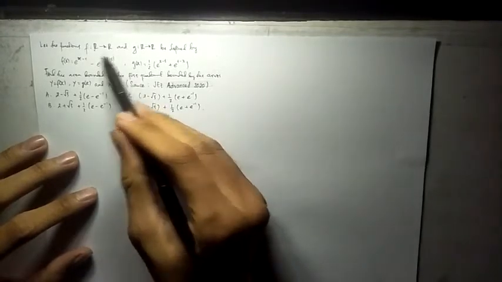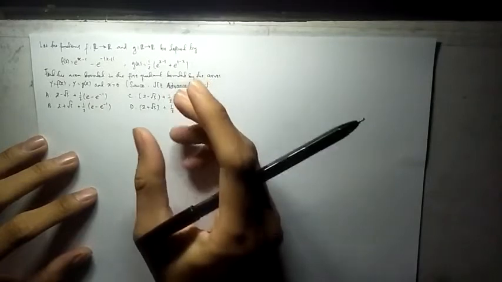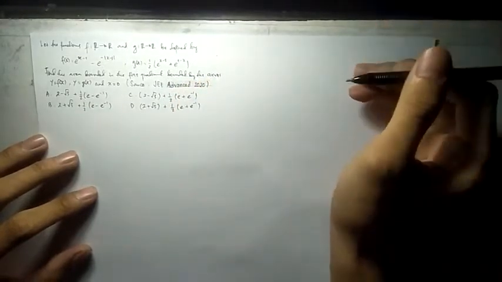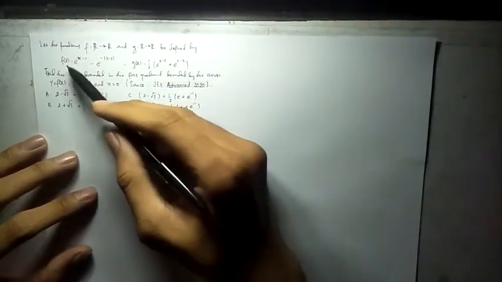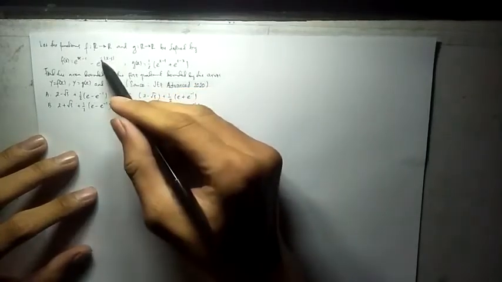The first thing that makes a bit of confusion here is the absolute value. My idea is to make the function f into a piecewise function, because an absolute value can be made into a piecewise function.